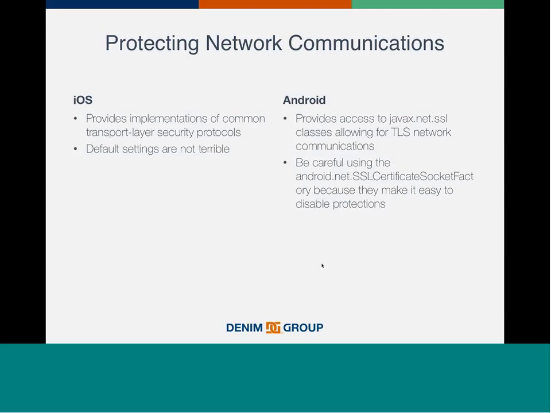Similarly, in an Android environment, you have access to things like the JavaX.NET SSL classes for TLS network communications. And one specific thing in an Android environment, I would be careful using the Android.NET SSL certificate factory because they make it easy to disable protections.